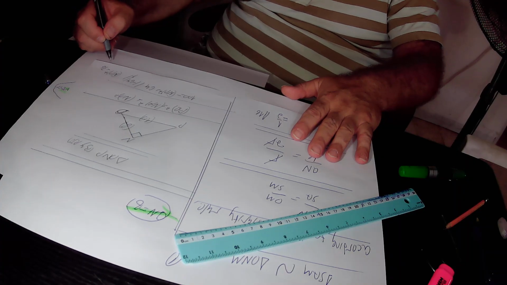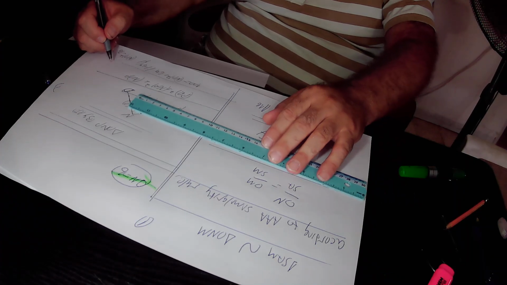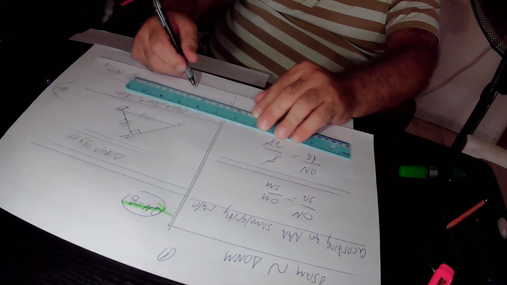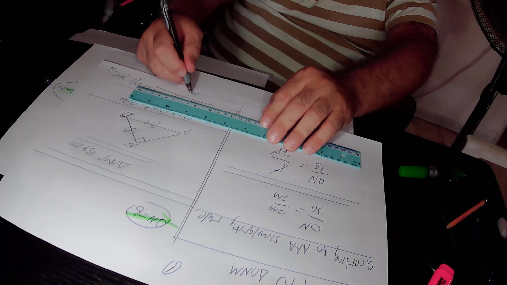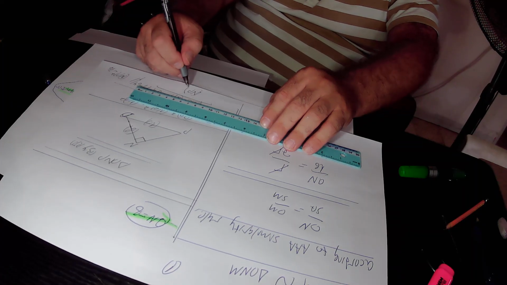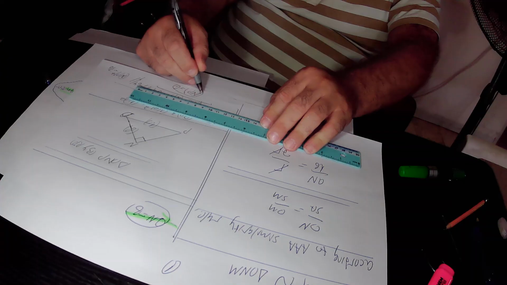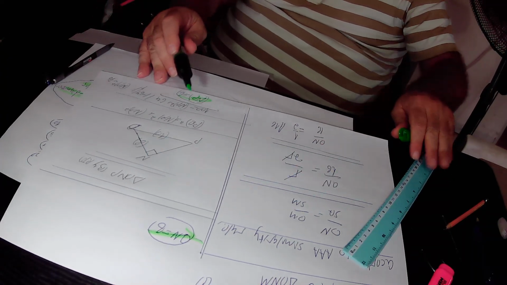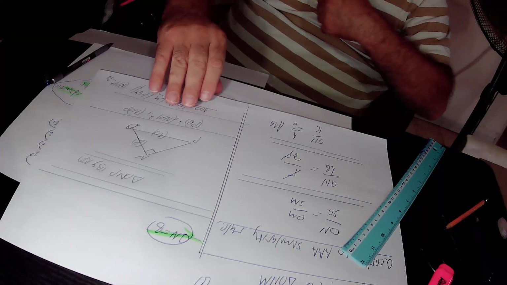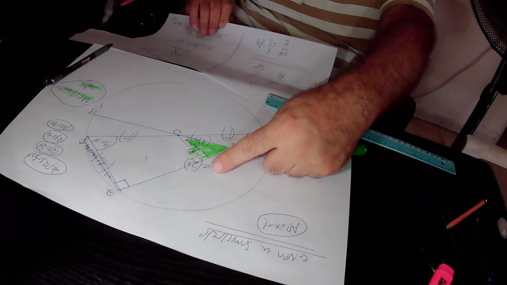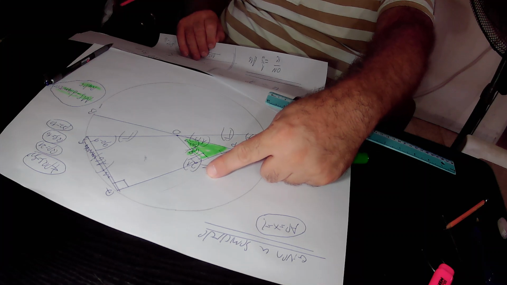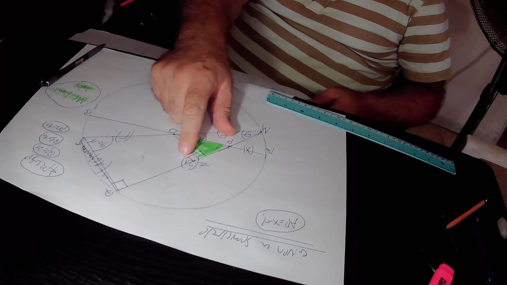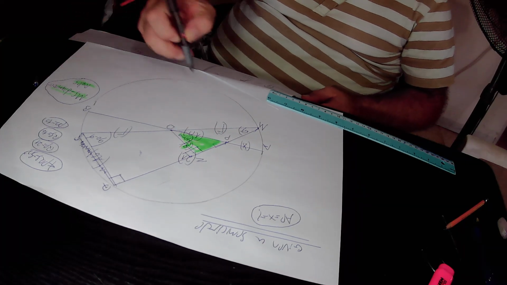So here we take the root of this equation, and finally we get that NP, the missing side NP, is equal to the square root of 36, that is 6. So NP equals 6 units in its length.